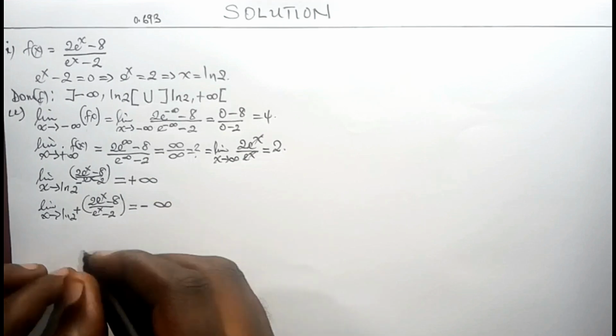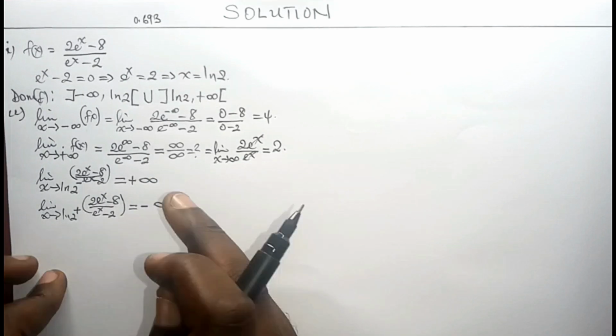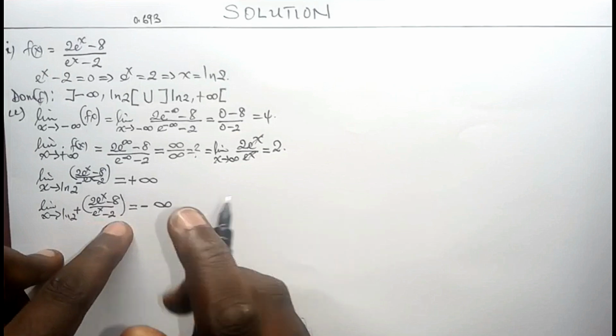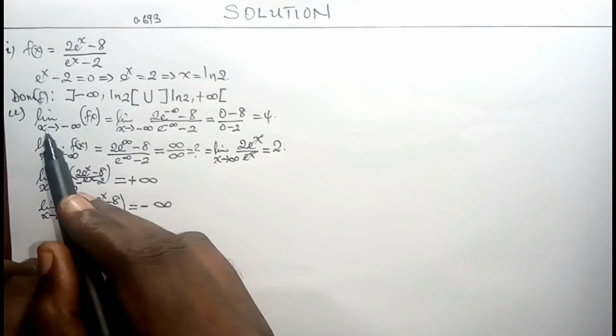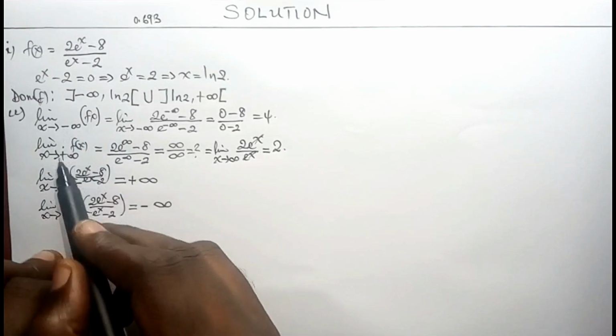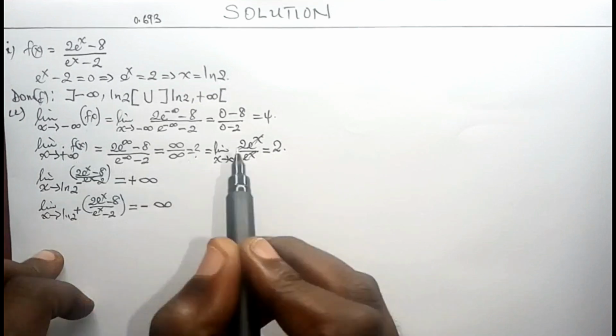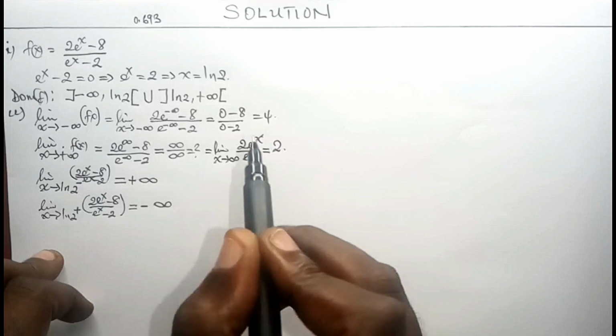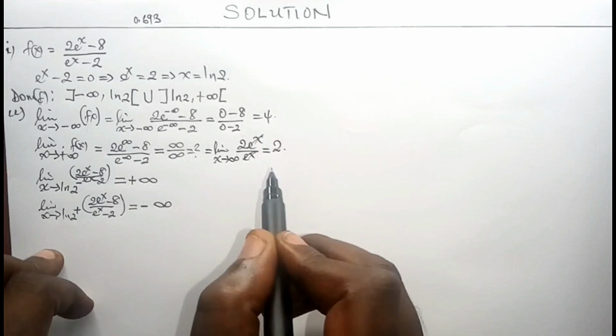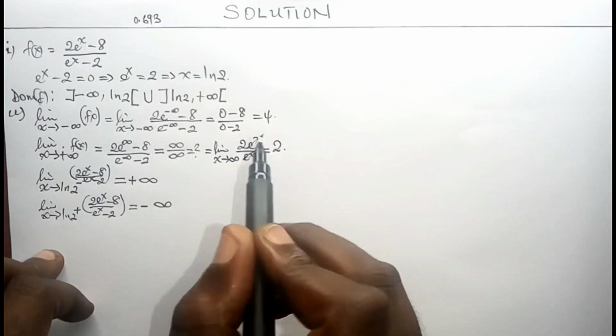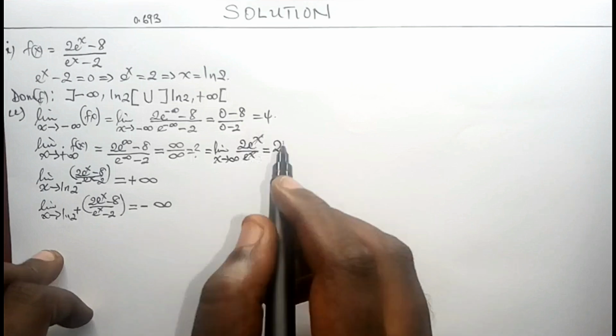Now the next part says we should state from these results the three asymptotes to the curve. All right, as I earlier emphasized already, limits as x tends to negative infinity and positive infinity of a function, if they are finite, that means they give values different from positive or negative infinity, those limits become the horizontal asymptotes.